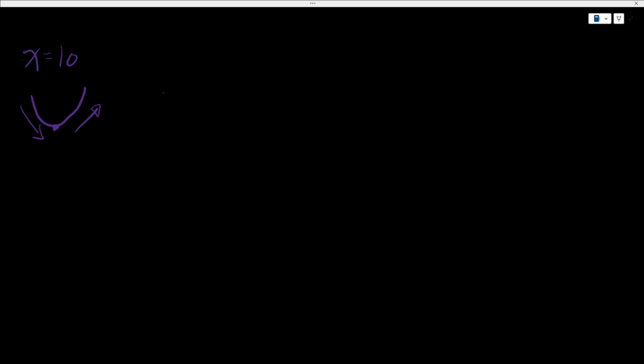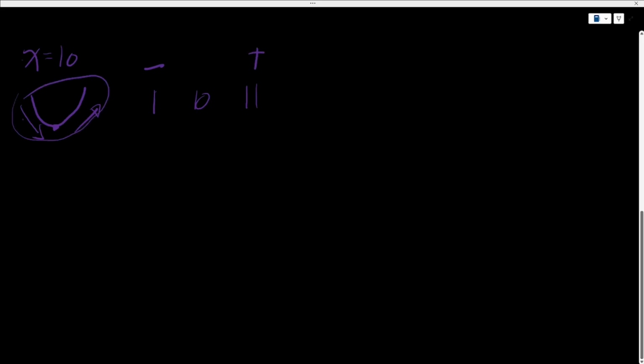So let's check two numbers on either side of 10. We'll say 1 and 11. If our optimized function is a minimum, then 1 should give us a negative value and 11 should give us a positive, fulfilling this requirement of a negative decreasing slope and a positive increasing slope.